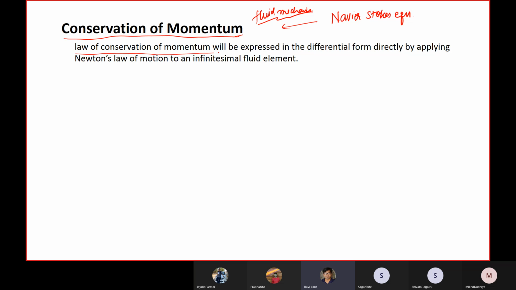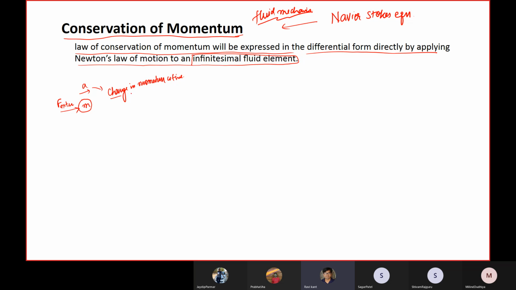So laws of conservation of momentum will be expressed in differential form directly by applying Newton's law of motion to an infinitesimal fluid element. In rigid body dynamics, generally you would come across that whatever external force is applied to a body of mass m, it will give it an acceleration, and this is nothing but the change in momentum with time.